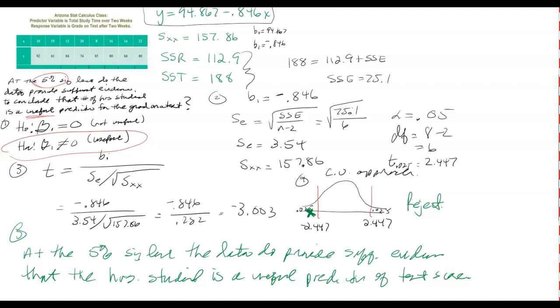So I know that's sloppy, but at the 5% significance level, the data do provide sufficient evidence that the number of hours studied is a useful predictor of the test score. In the next and last video, we're going to look at another way to see the relationship between x and y.